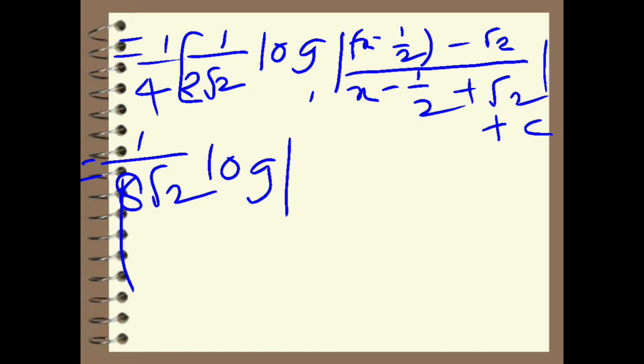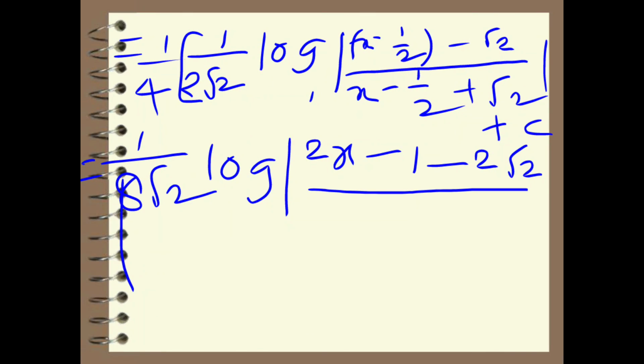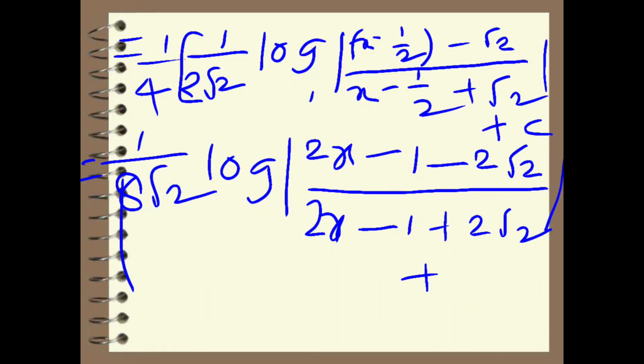If you take LCM in the internal part, the numerator is 2x minus 1 minus 2 root 2, whole by, again taking LCM in the denominator, 2x minus 1 plus 2 root 2. The numerator LCM and the denominator LCM get cancelled. So it is our final answer. Okay students, is it clear?